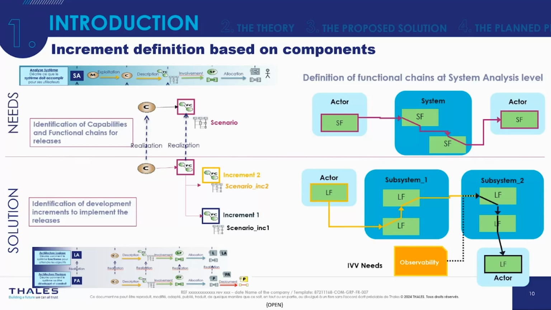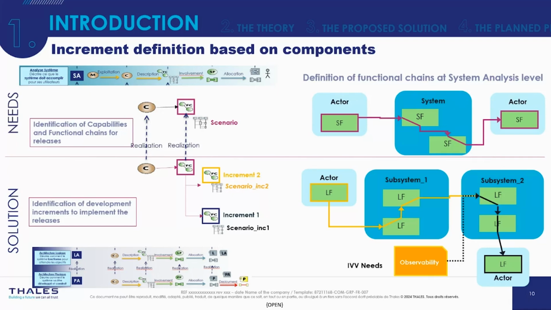The strategy here is to say that we will develop a first increment based on the component subsystem 2, since perhaps all the hardware and the teams are available to develop it. Perhaps for subsystem 1, we have issues of provisioning materials or things like that. So the decision is to develop the second subsystem first.